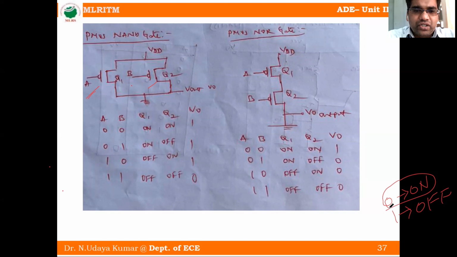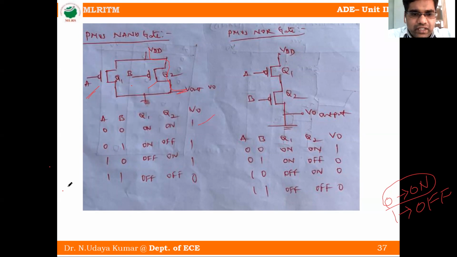On means short circuit. Short circuit means this VDD is directly connected to the output. Both transistors are on, so finally we will get the output as VDD. Maybe that voltage is 5 volts or 15 volts. That voltage we consider as a logic 1. So output is 1 in the first case.